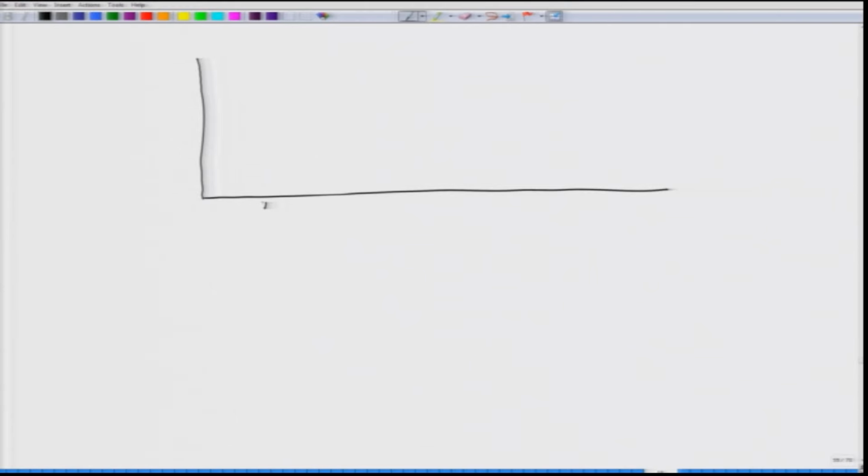So, T1, T2, T3, T4, T5, T6, T7, T8. So, this is your control, this is x, this is y, this is z, this is q, this is q plus x, this is q plus y, this is q plus z.